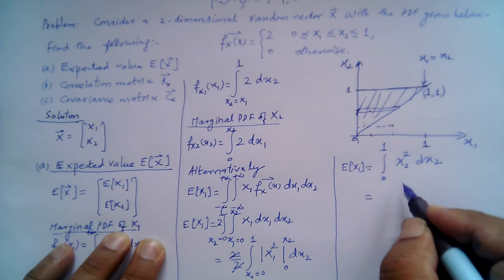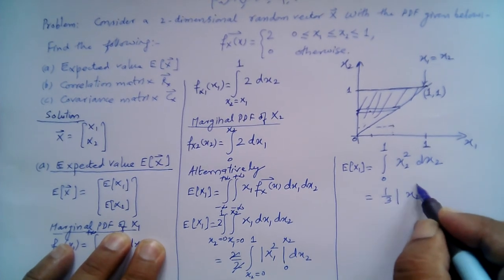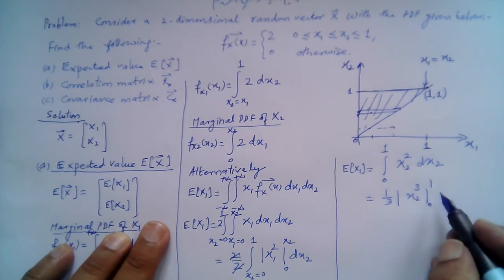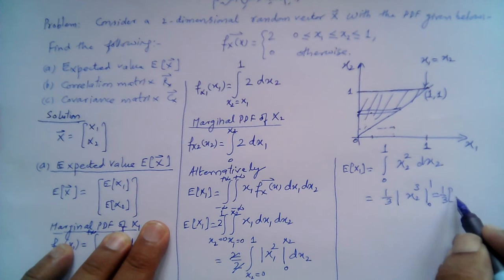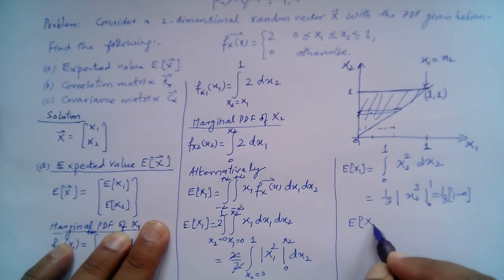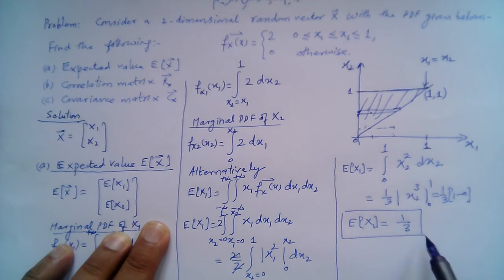So this will be 1 over 3 x2 cube, 0 to 1. So this will be 1 over 3 into 1 minus 0. So expected value of x1 is basically 1 over 3, right? So this gives us the expected value of x1.